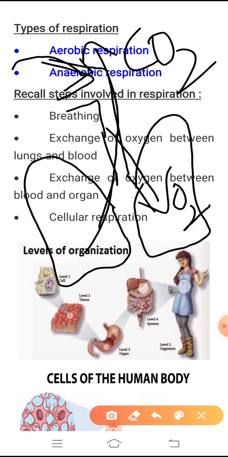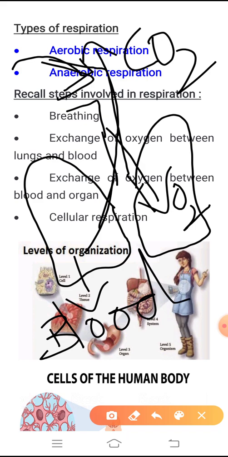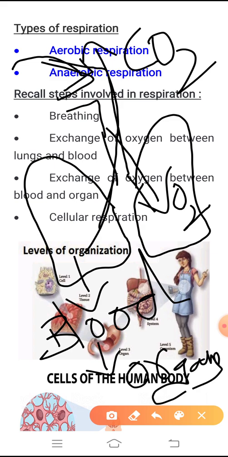So from the lungs, the oxygen entered the blood. Right? Now the oxygen present in the blood reaches the different organs.